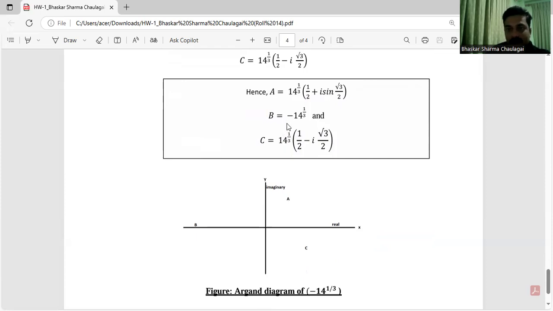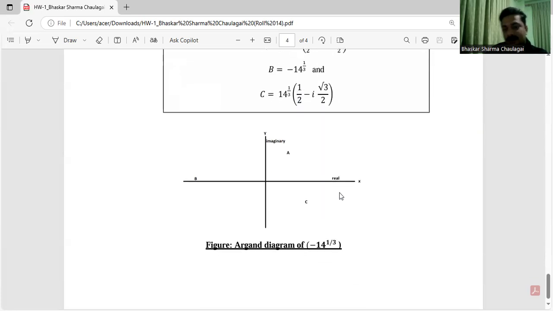Similarly, the value of b is a perfectly real number and it is negative in sign, so we have kept b on the x-axis. And c we have kept in the fourth quadrant because of the negative sign here. So this is our result. Thank you.